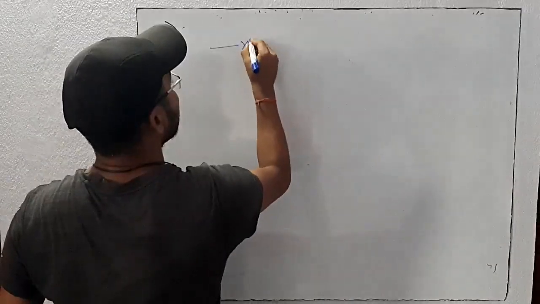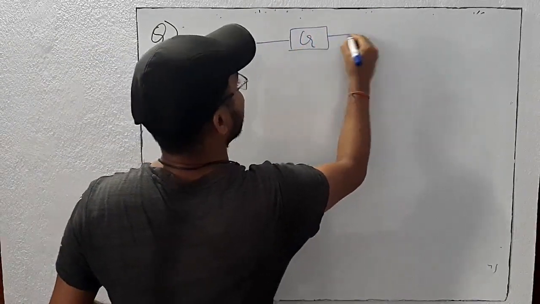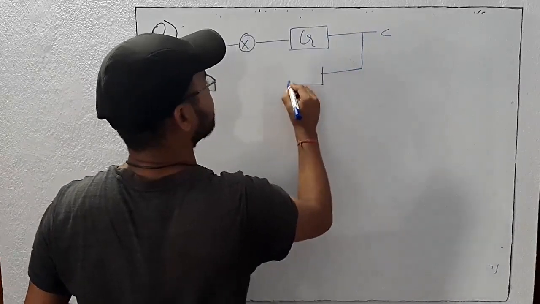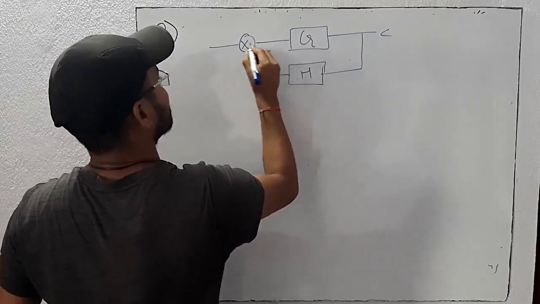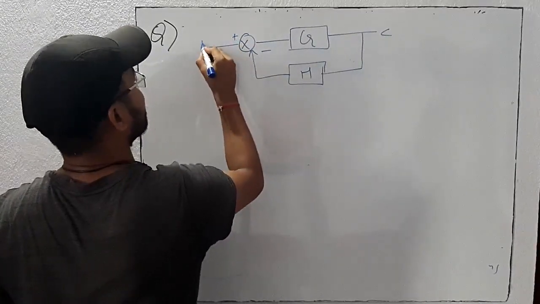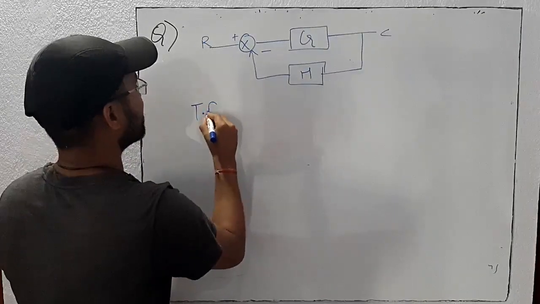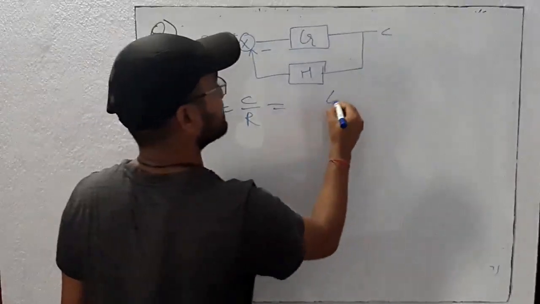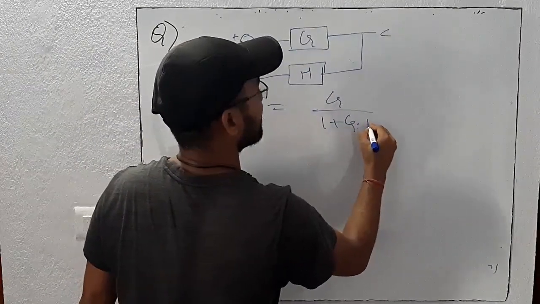So let's suppose this is the block diagram which we derived yesterday. Now we have to find the transfer function, that is equal to C by R. What we derived yesterday was G by 1 plus G into H, since here is negative feedback.